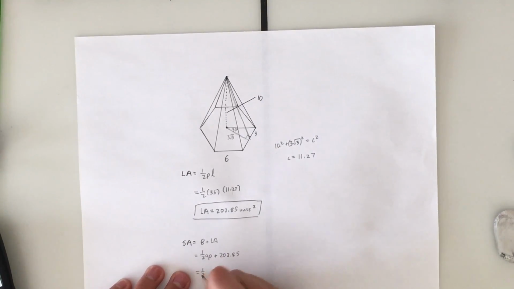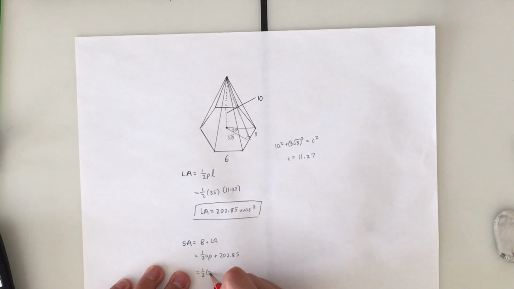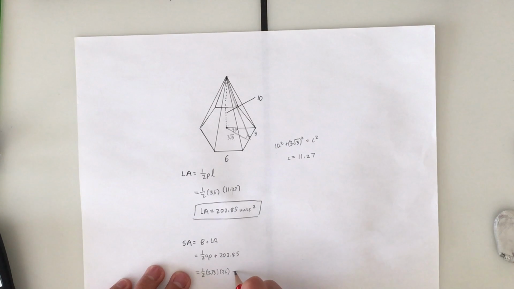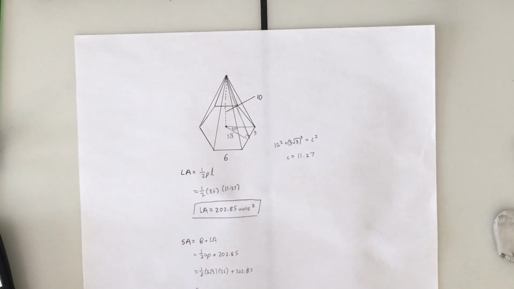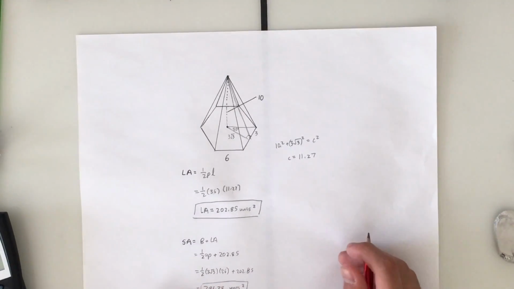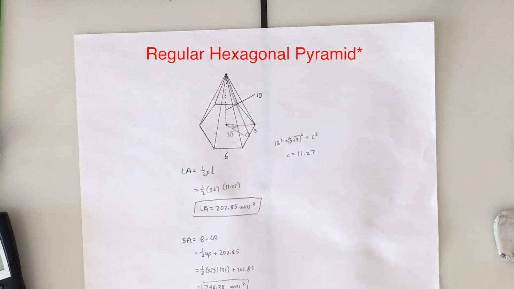So we would just substitute in what we learned. We learned that the apothem is 3 square root of 3, and the perimeter is 36 from up here. So if we plug all of that in, we get 296.38 units squared. And that's basically how you find the lateral area and the surface area of a regular hexagon.